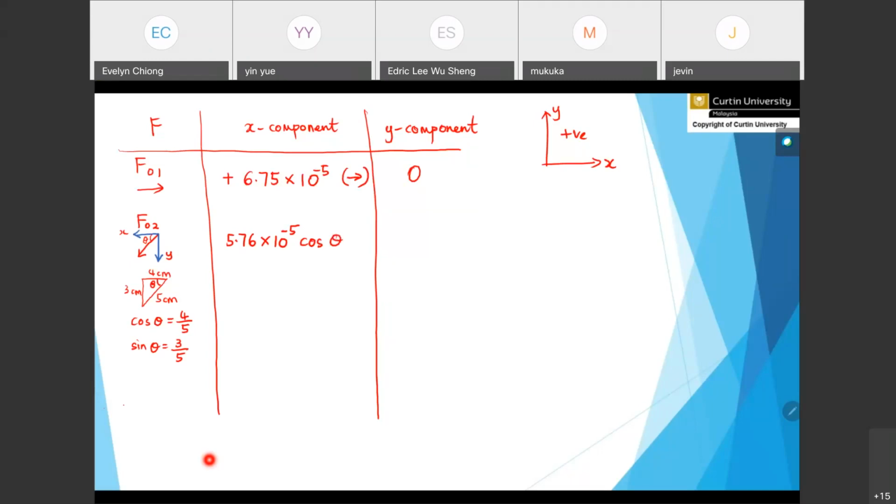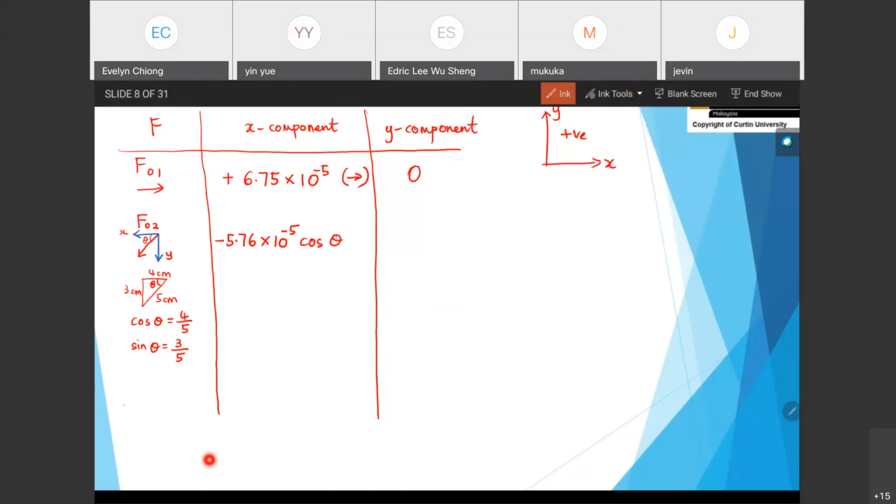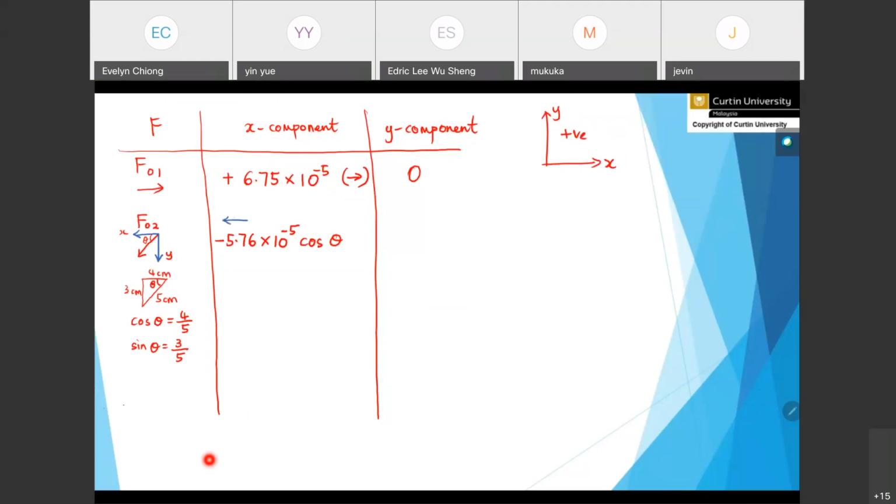Now, here is where you need to put a positive or a negative for the direction. You look at the x component for F02, pointing to the left, which is opposite to what we have indicated as positive. We want to go to the right as positive. So this one is negative. Why is it negative? It's because it is moving to the left.